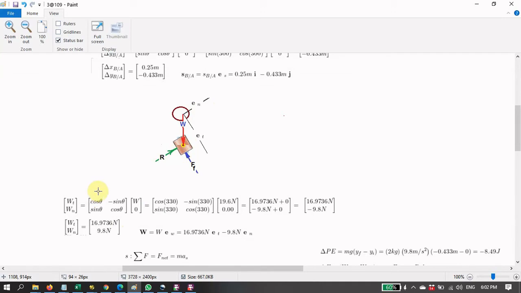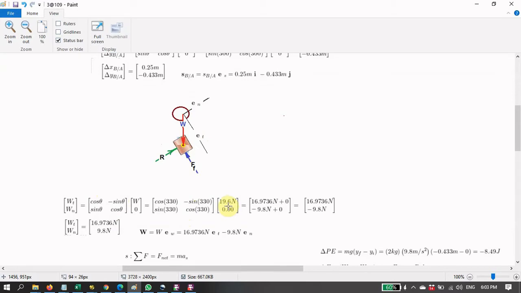So we are using the coefficient matrix, and from the tangential direction, the absolute resultant force due to the weight is 330, and the weight is 19.6 Newton.